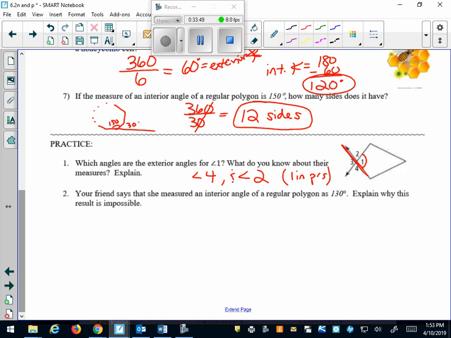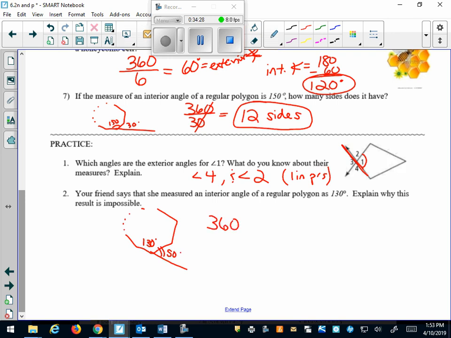Number 2, your friend says that she measured an interior angle of a regular polygon as 130 degrees. Explain why this result is impossible. An interior angle was 130 degrees. Why is that impossible? Good.